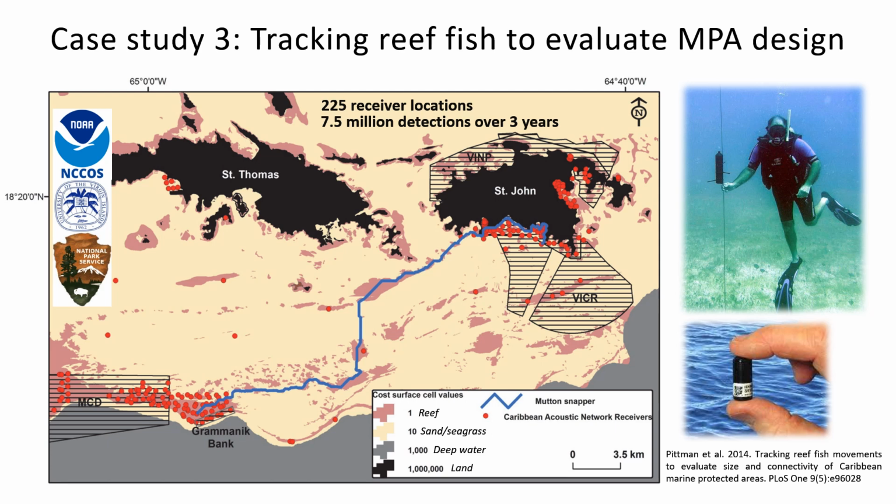A key objective was to understand fish movements relative to seascape structure and the existing MPAs. To predict potential movement pathways between the most distant receivers visited by an individual fish, we first converted our benthic map into a resistance surface with lowest resistance assigned to reef structures, followed by sand, and highest resistance for inaccessible deeper water and land.